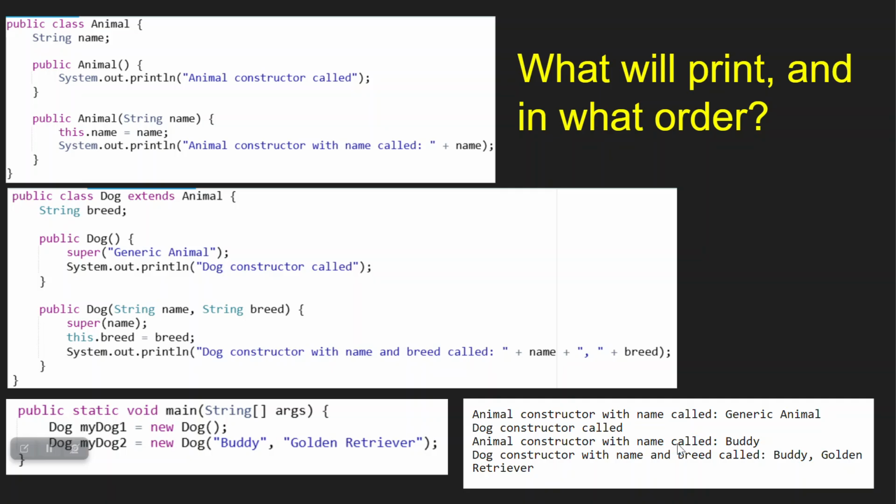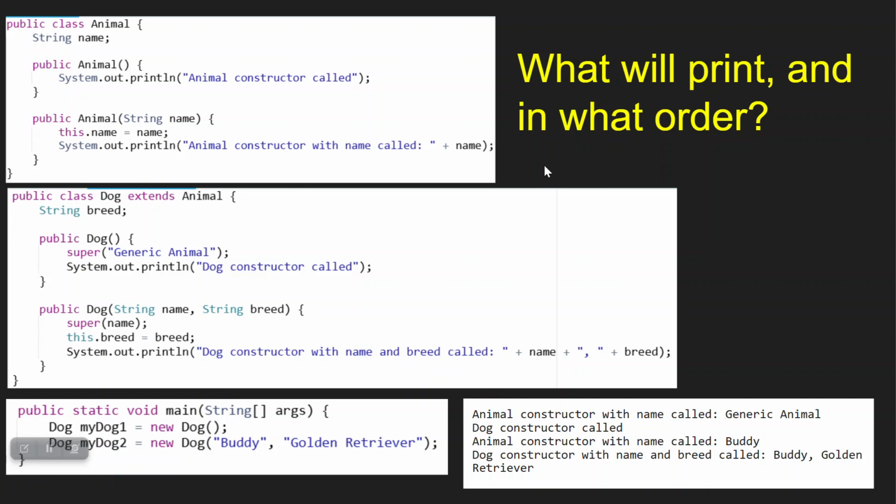Animal constructor with name called, buddy. Dog constructor with name and breed called, and then buddy, golden retriever. So, again, this is kind of like those bounce around questions that we looked at before, or the Java Jiu-Jitsu questions. And it's really just a matter of understanding what is calling what, and understanding how the super keyword works with your constructors.